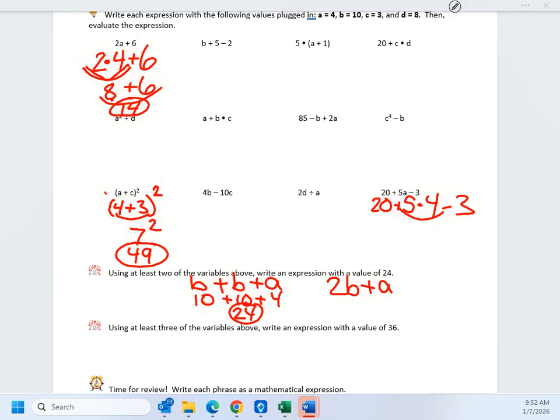I don't want to see anybody putting this initial expression into your calculator and just giving me an answer. I know your calculator knows PEMDAS. I know it. Calculators know how to do that. I need to know that you know PEMDAS. Right, so you can use the calculator to help with each step level. You cannot use the calculator to just give you the final answer. Okay, so show your work, show those steps.